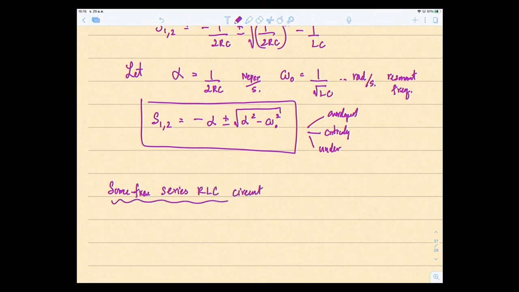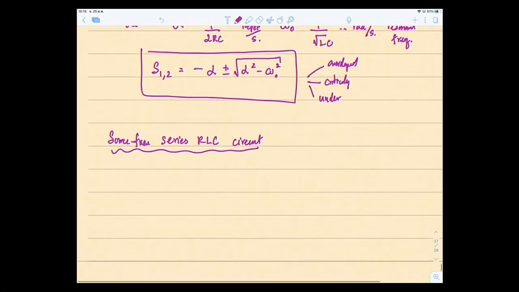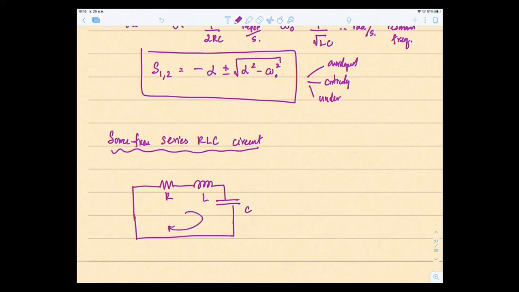It was parallel, so now, if there's a current flowing like this, current I, the current goes through R, so there's VR, VL, and V across C, like this.